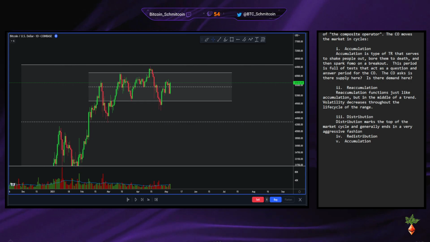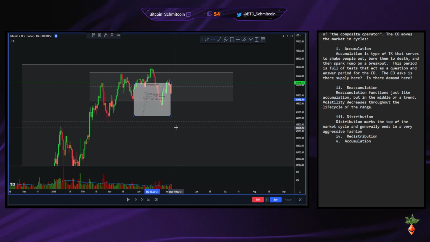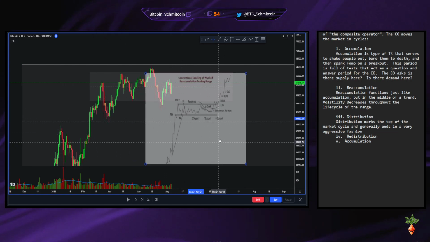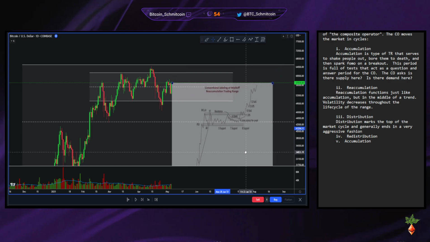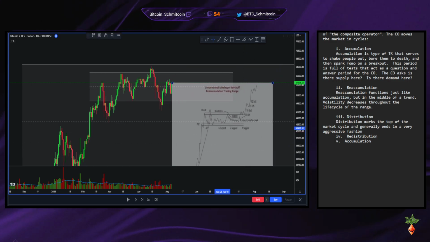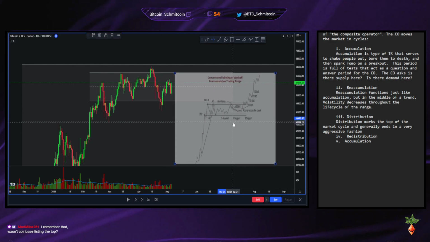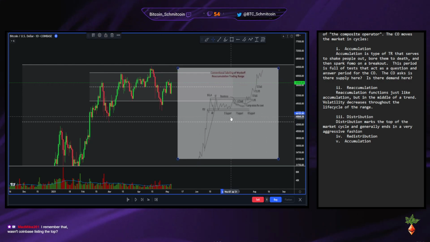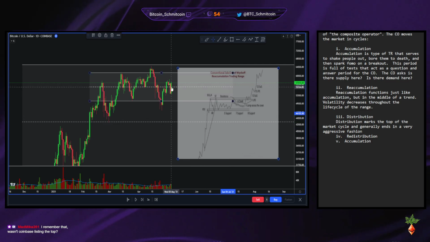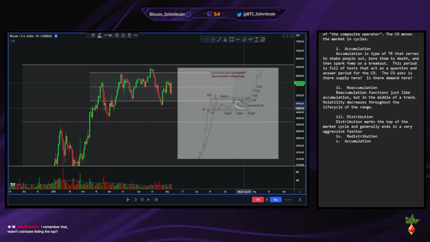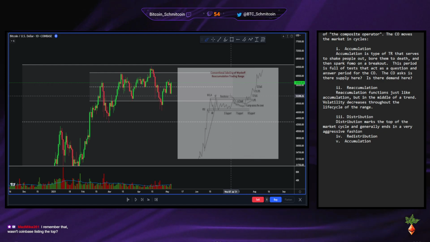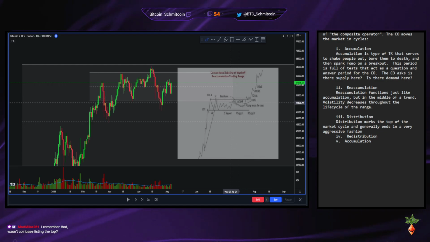This meme right here, this would look pretty damn similar to the distribution, right? We're right here. This looks right around here. And you're looking at this, you're like, oh, this looks like a reaccumulation.